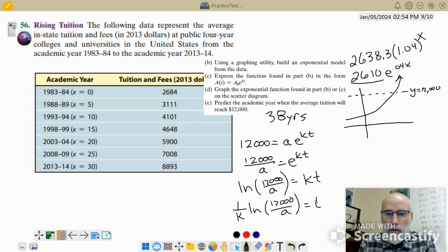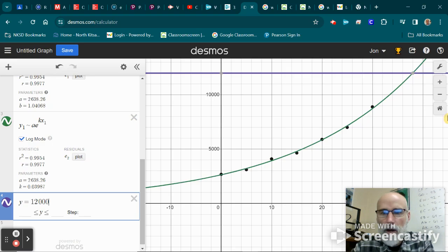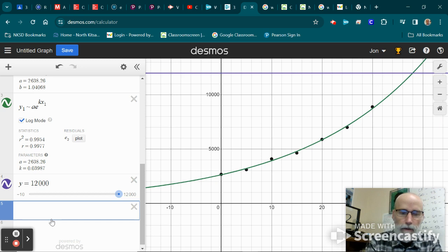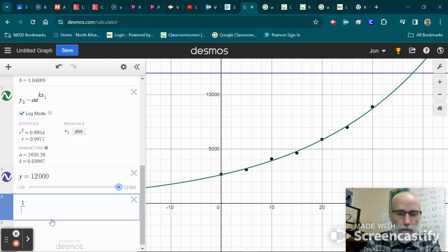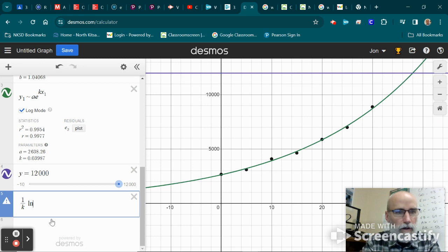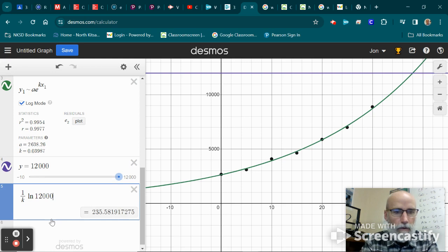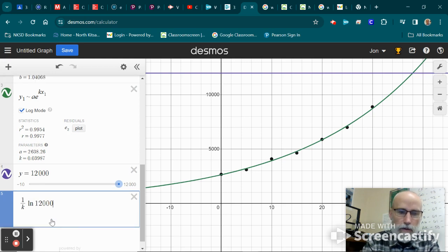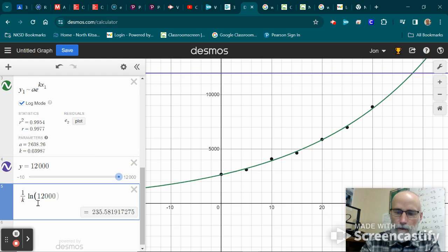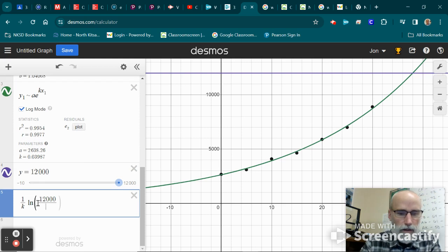Let's see how it comes out and see if it compares to this 37 number right up here, 37.9, right? So I'm going to go, what did I say? 1 divided by k, and then I'm going to have the natural log of, what was it again? 12,000 divided by A. I want to have 12,000 divided by A and take the natural log of that.